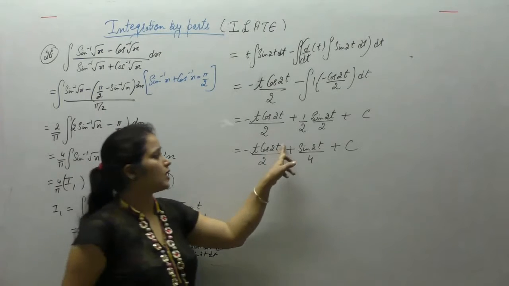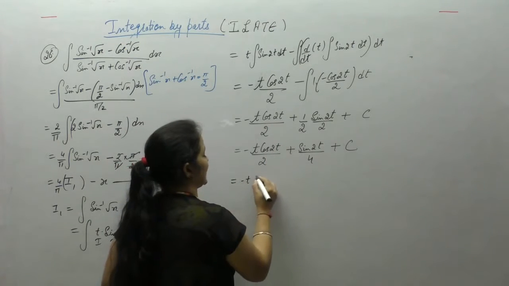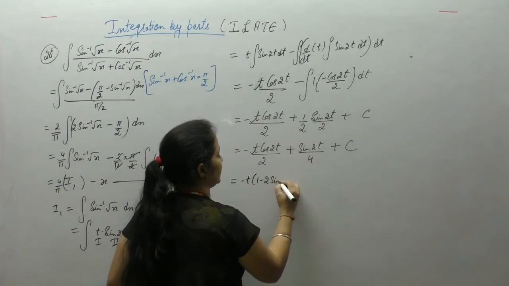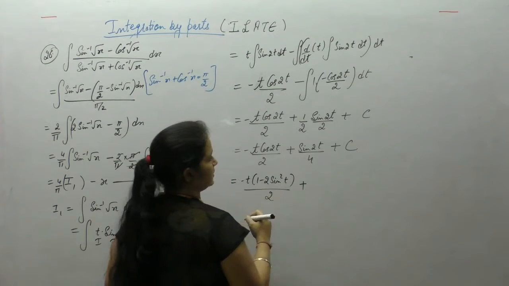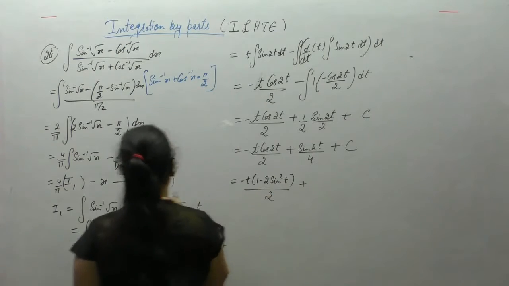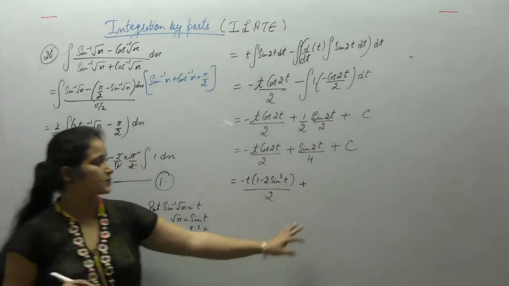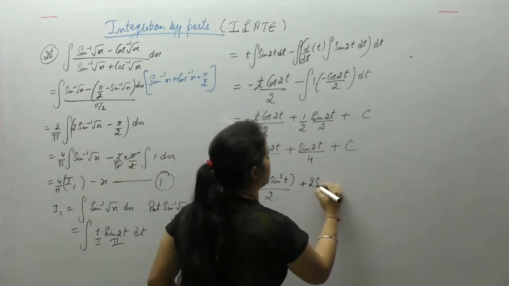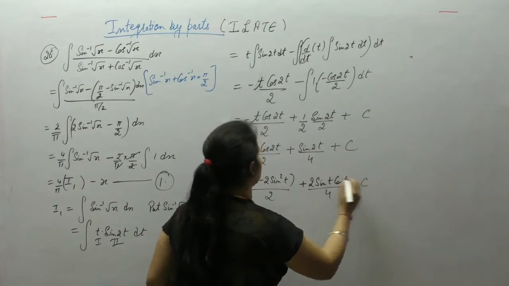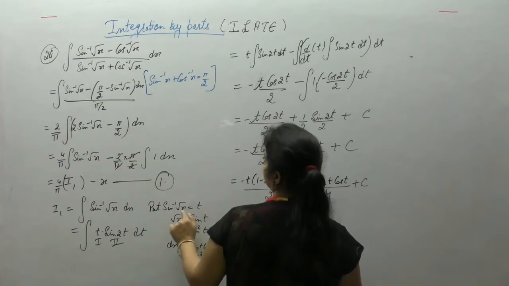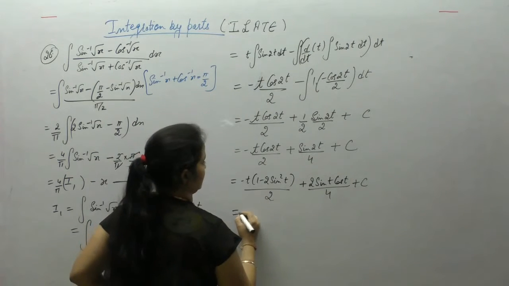We can write cos 2t as 1 minus 2 sine square t, and sine 2t as 2 sine t cos t, because we have t in terms of sine inverse x.